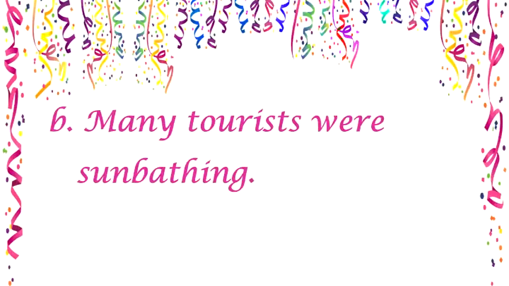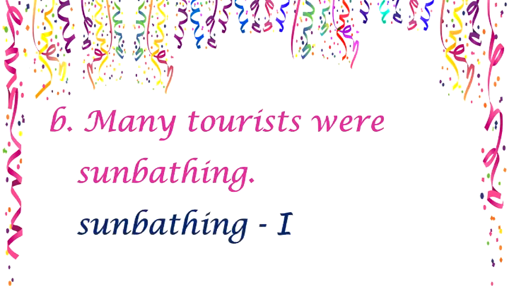Next we have, many tourists were sunbathing. Now again look for your verb and find out your object if it is there. So the answer is sunbathing. This is our verb and there is no object in the sentence. So it is an intransitive verb.